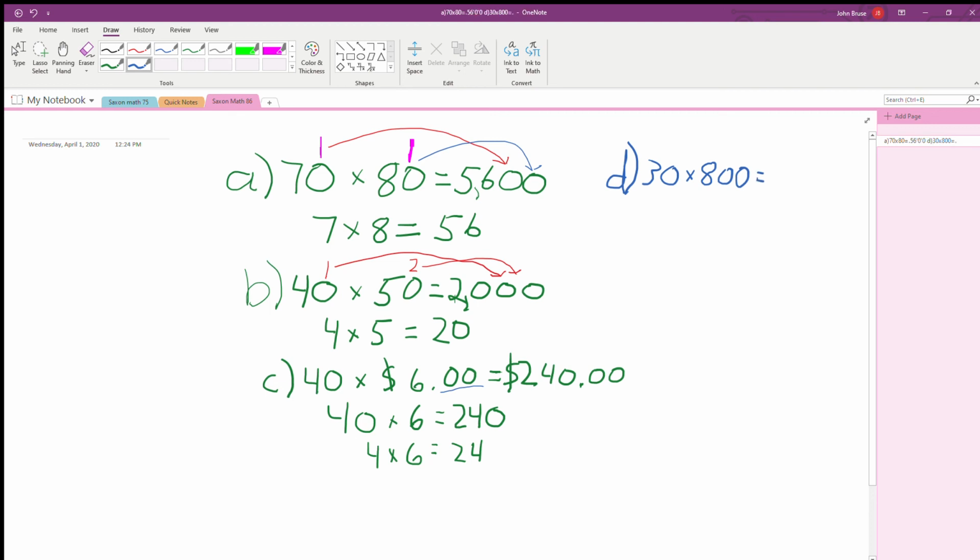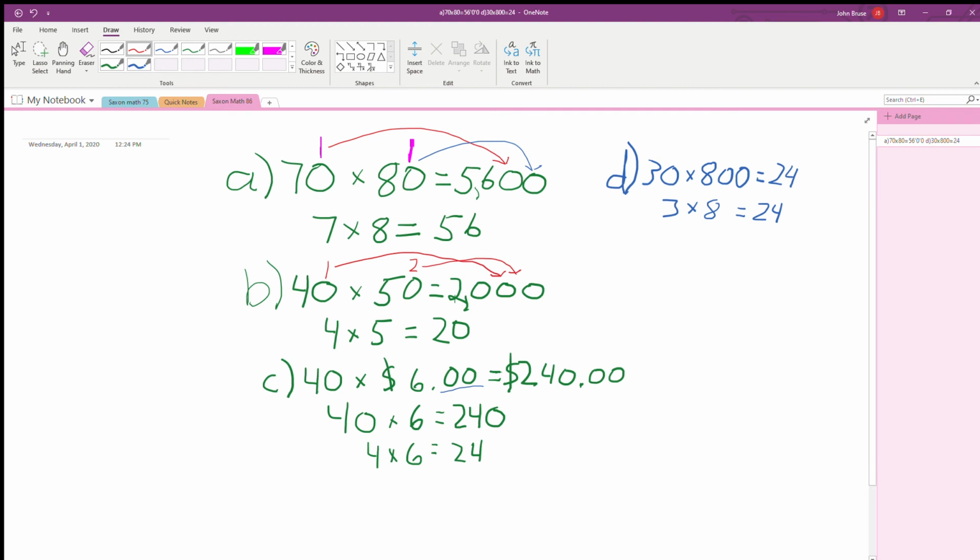The first thing I'm going to do to solve this in my head is I'm going to go, what's 3 times 8? Well, I know that 3 times 8 is 24. So 3 times 8 is 24, so I know that 30 times 800 is going to start with 24. And then I'm going to count my zeros.